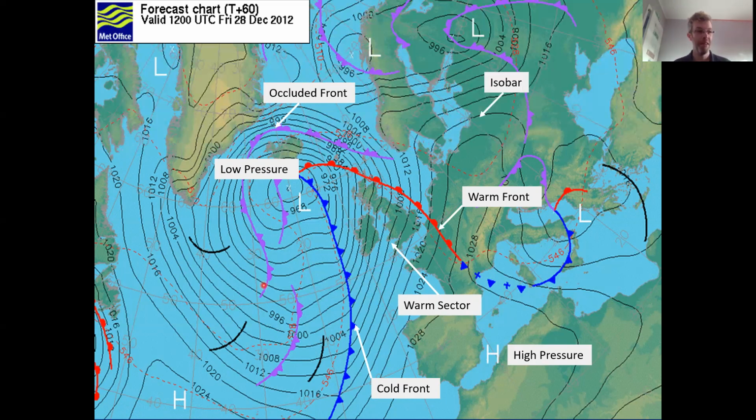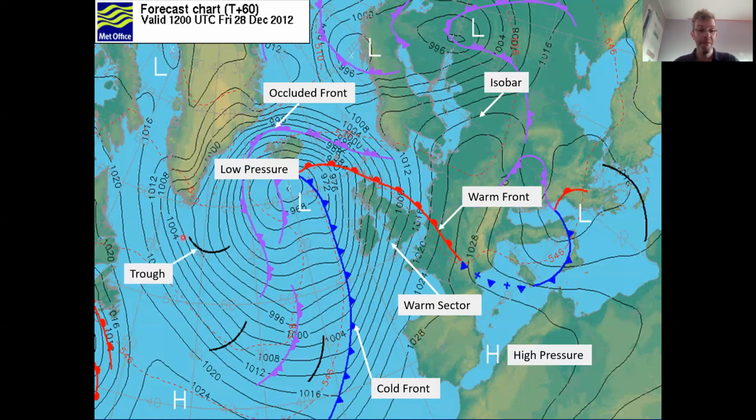I tend to say in some of the theory courses, if you imagine a line and you've got a cold front at one end and a warm front at the other, that occluded front will take on the characteristics of those fronts depending which end of that line it's on. So if it's more of a warm front type occluded front, you're going to have more heavy persistent rain. And if it's more of a cold front type occluded front, then it's going to be more isolated squally showers. And if it's in the middle, well, it could do either.